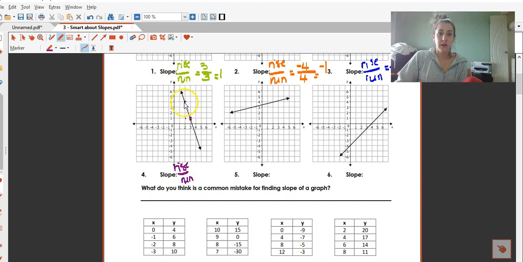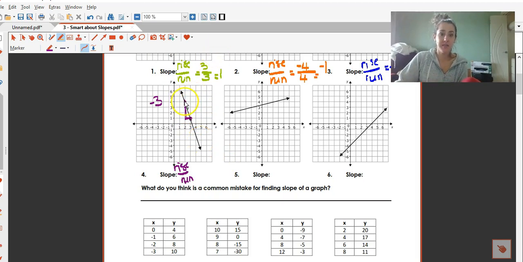So what's my rise? To get from this point on the left to my point on the right, I've actually gone down. So it's 1, 2, 3. So -3 because I've gone down. Remember, this is my right angle triangle that I'm making. So you need to be careful about what the gradient is, if there's a negative in there or not.